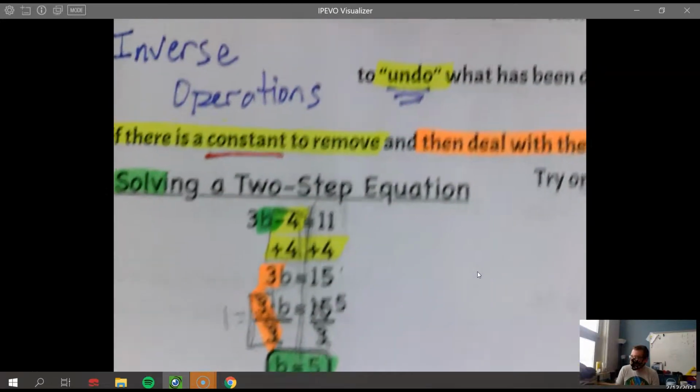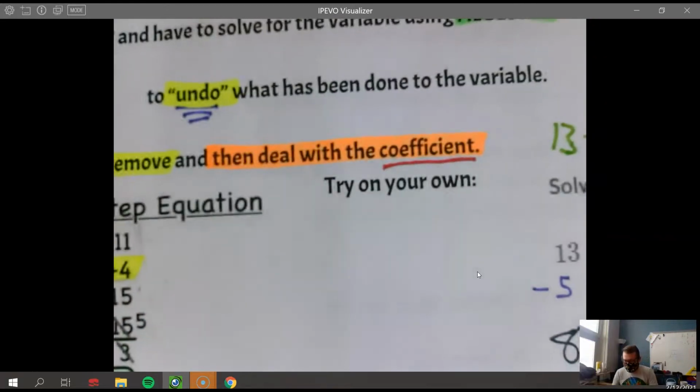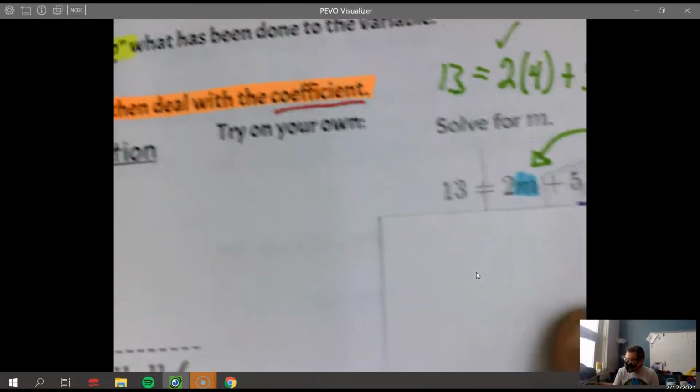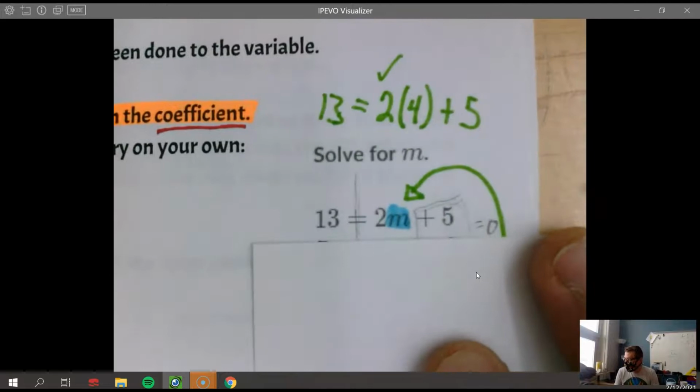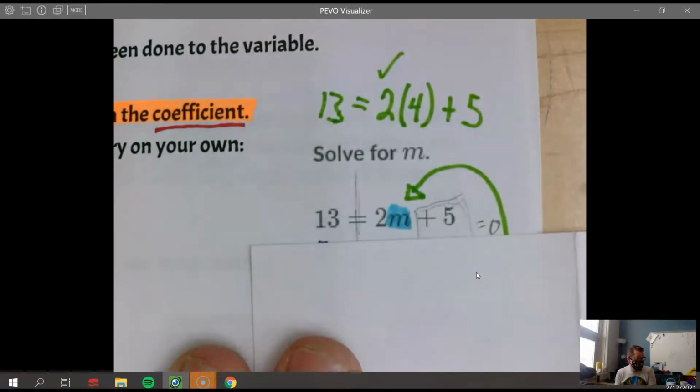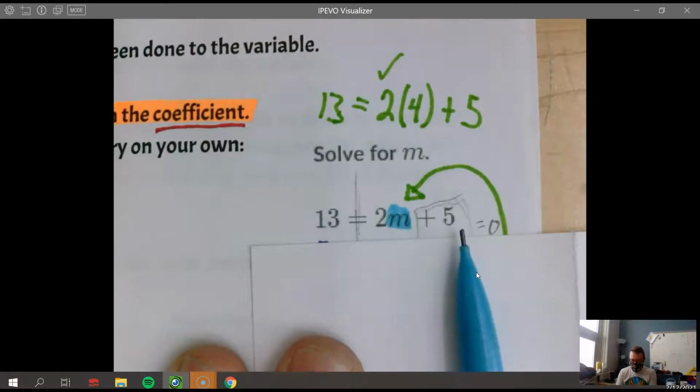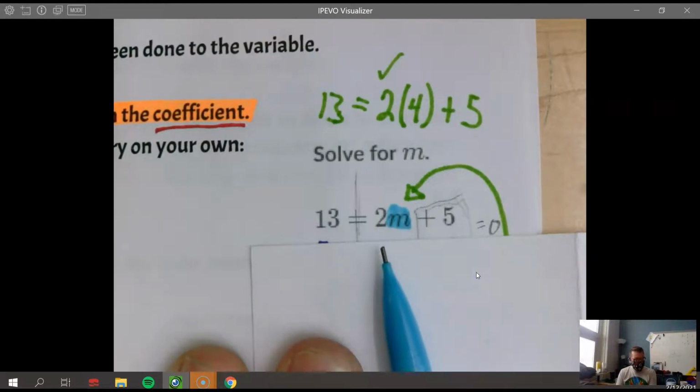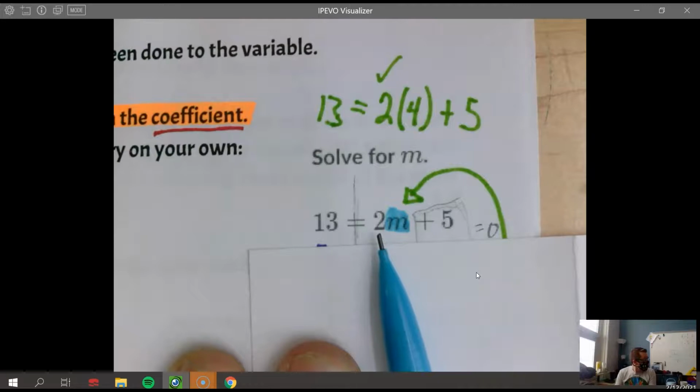So if we walk through this together, solving for m, what is being done to m? I'm just going to go across the room. Adam, what do you see being done to m over here? Yeah, and multiplied by 2, right?